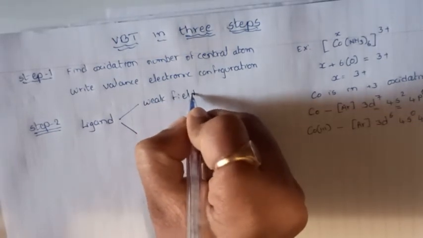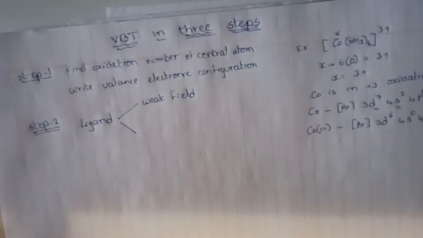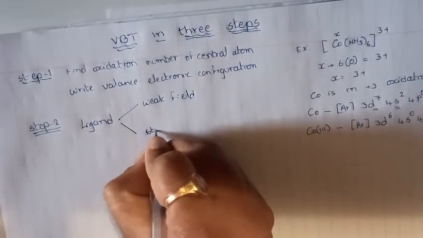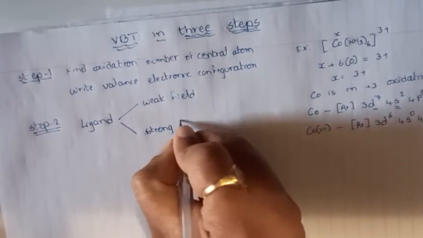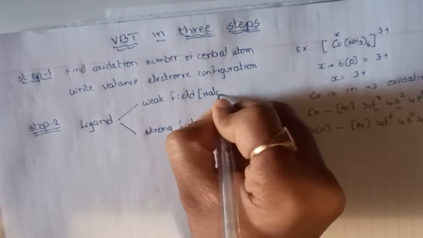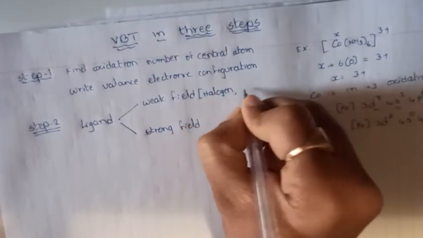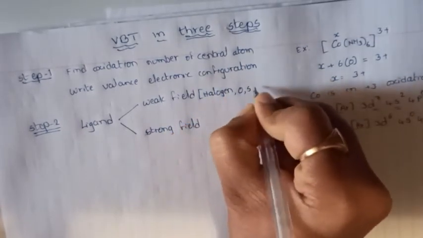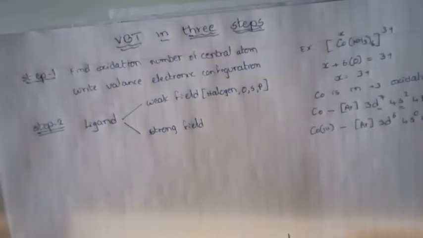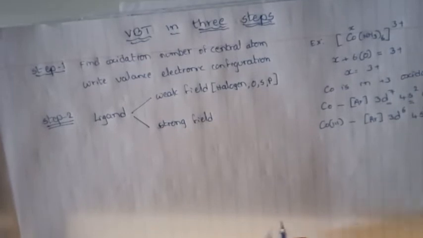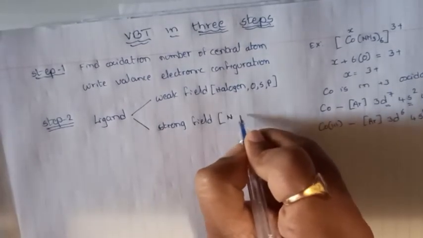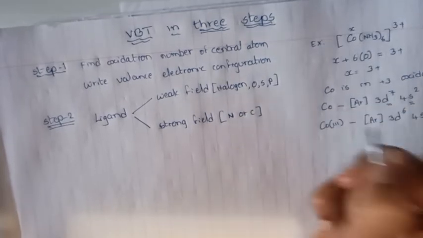I discussed it in a separate video, so please watch that video for detail; here I will explain briefly. If your ligand is a halogen, or has donor atoms like oxygen, sulfur, or phosphorus, then it is a weak field ligand. Similarly, for a strong field ligand the donor atom is generally nitrogen or carbon.